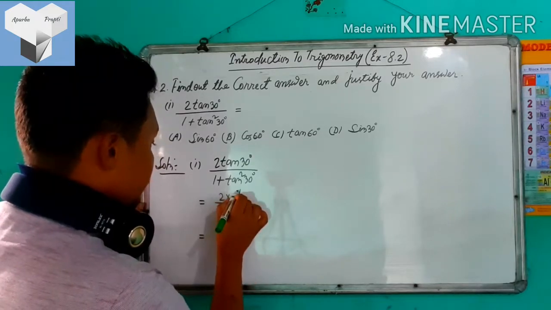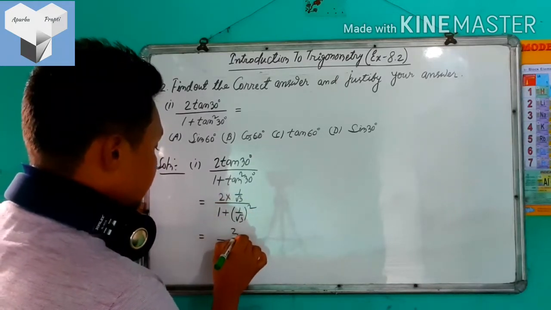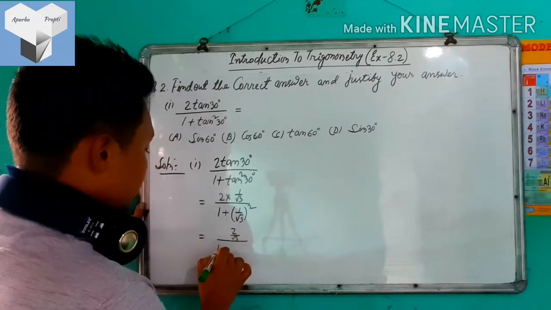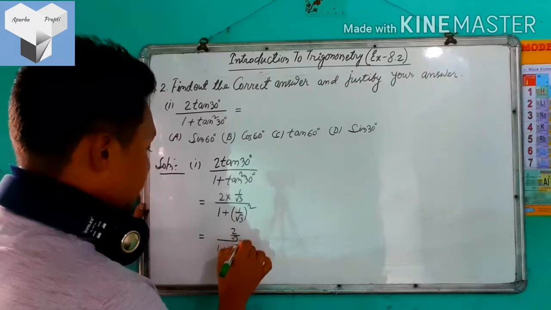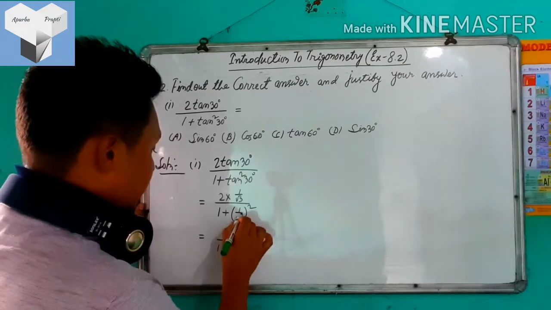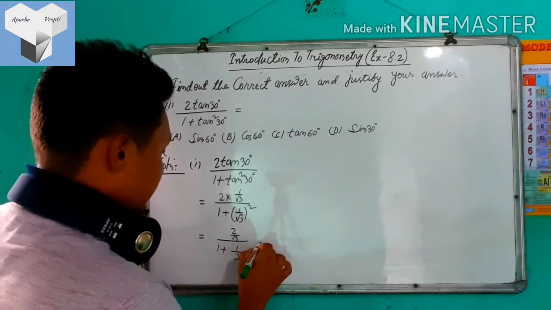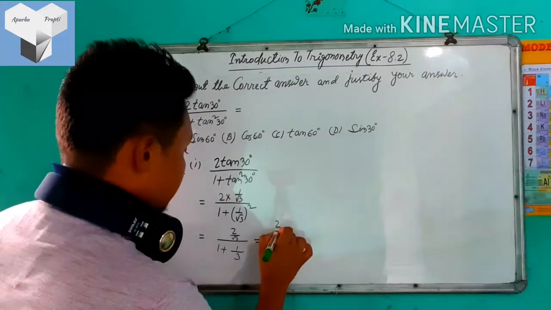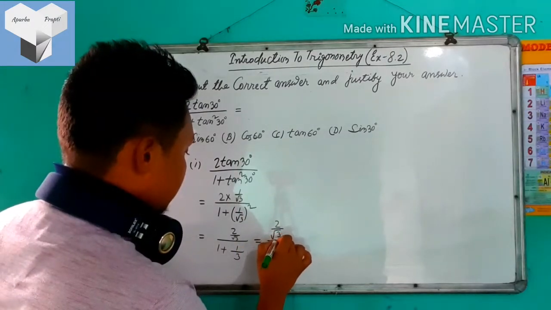After multiplication, 2 into 1 is 2, and in downside it will be root over 3. 1 will remain as 1, plus square of 1 is 1, and square of root 3 is 3. I am writing here. This is remain as 2 by root over 3.